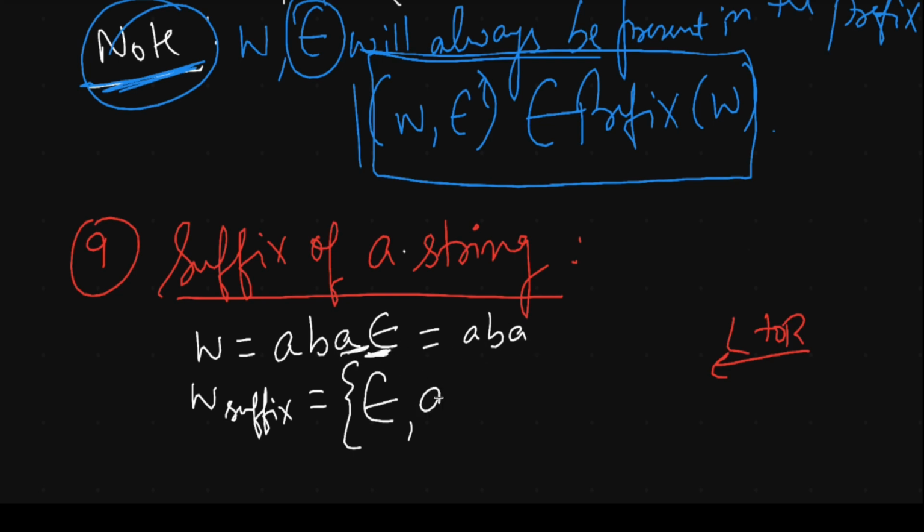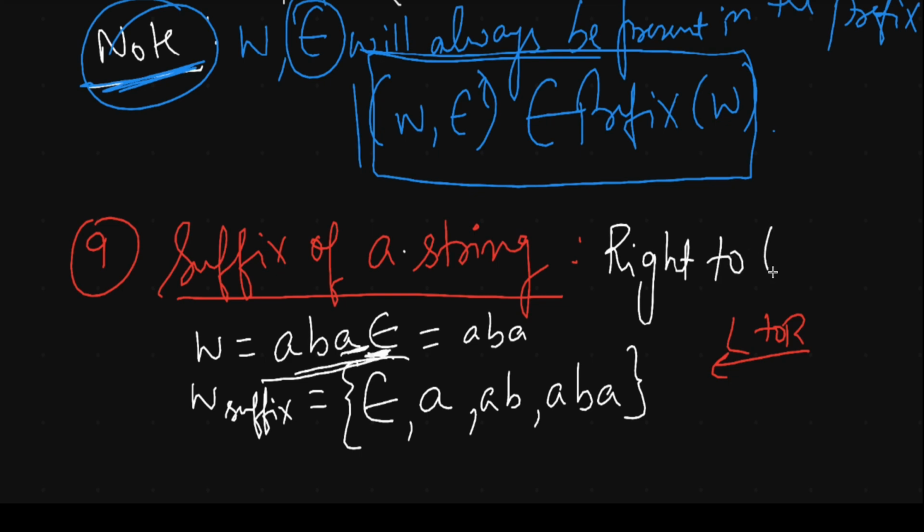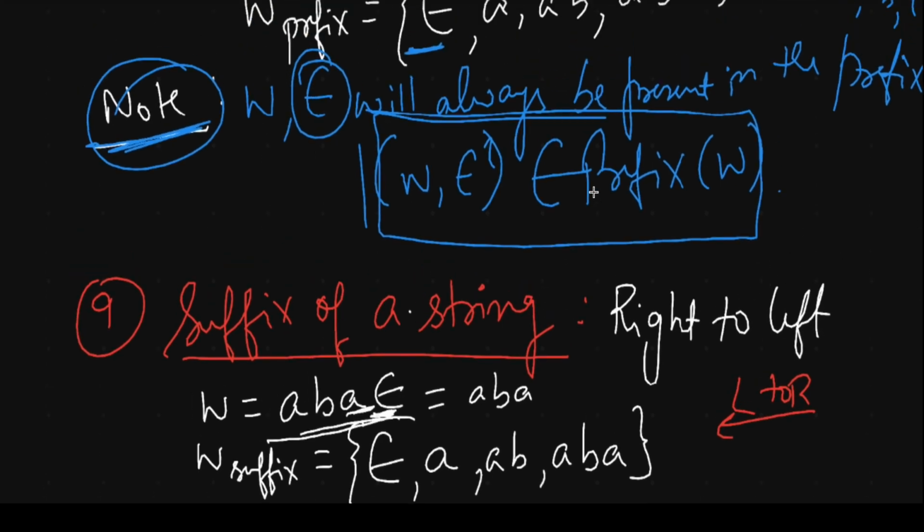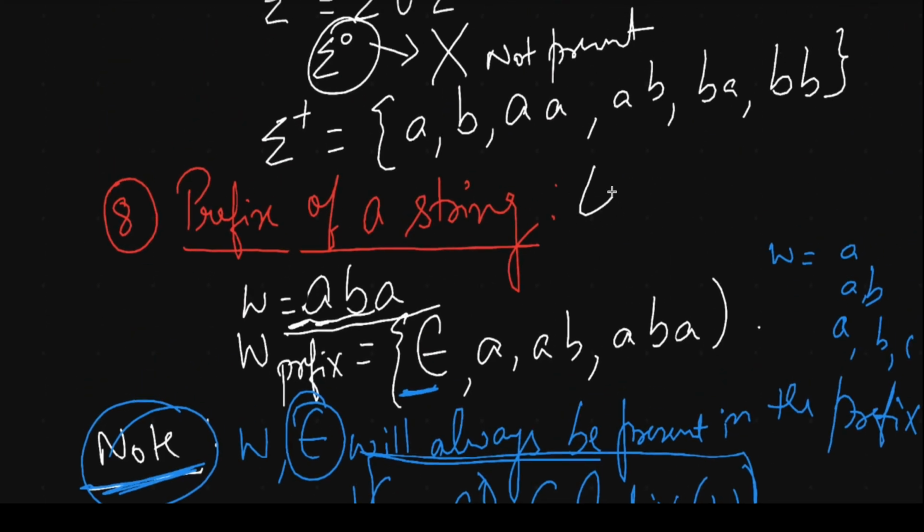A. Then AB. Then ABA. See, from right to left, not left to right. In prefix we have left to right.